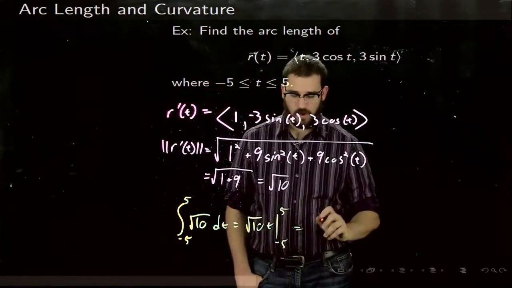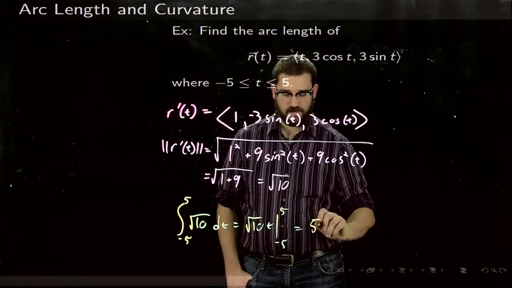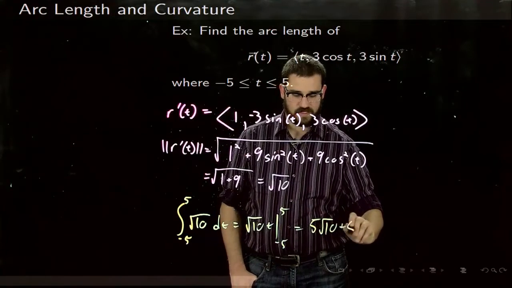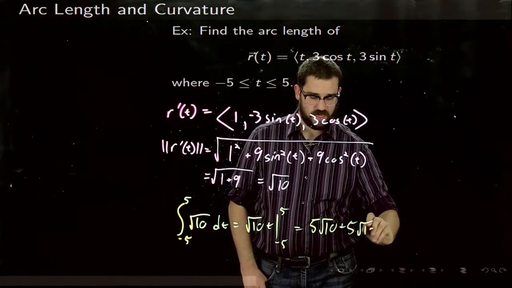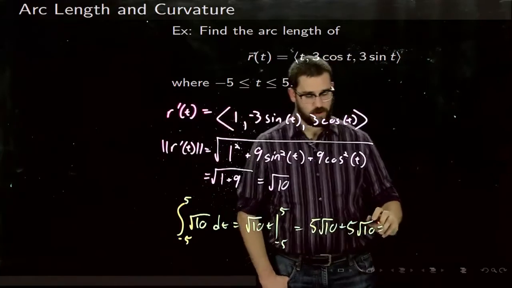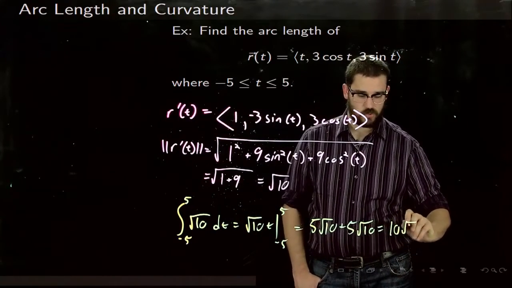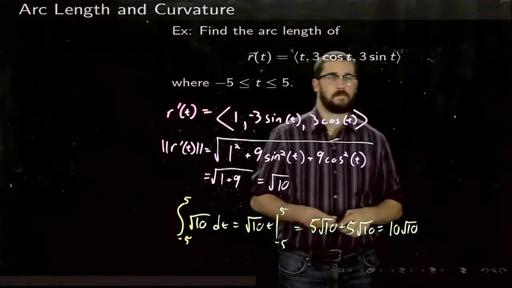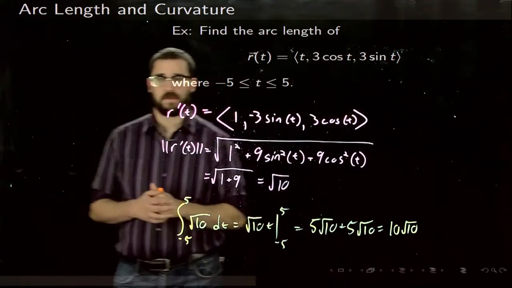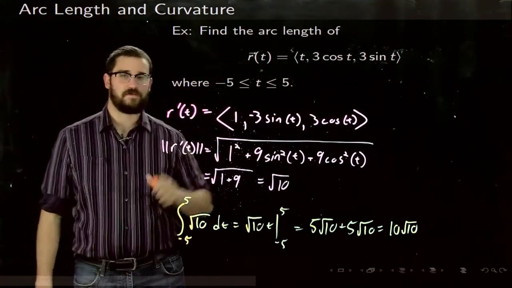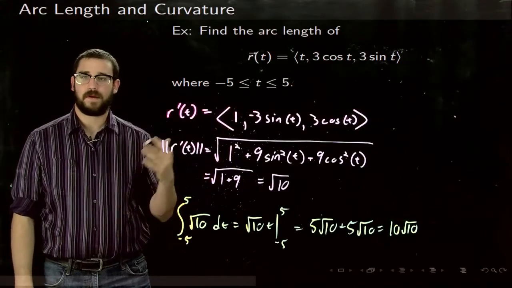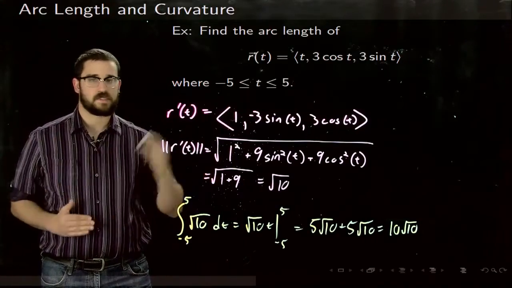So we are going to get 5 square root of 10 plus 5 square root of 10, which, in other words, is just 10 square root of 10. Pretty simple, right? You know, maybe the function won't be so nice next time, but the steps are just the same.